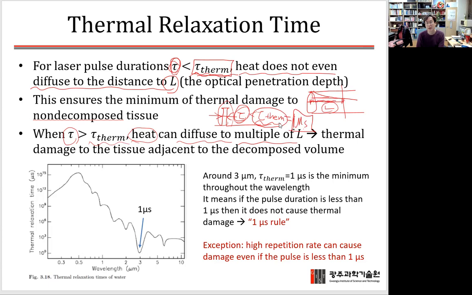But since tau is smaller than the tau therm, which is 1 microsecond, the temperature conduction actually cannot reach even into this air position. So it stops here.